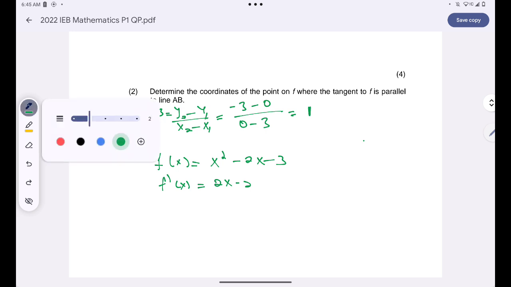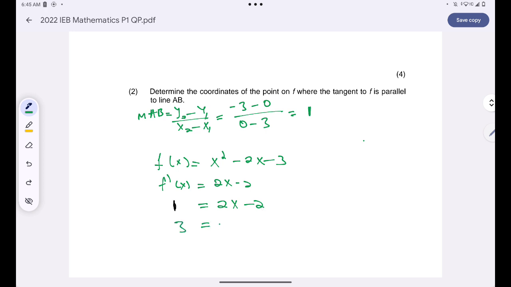So where I see f prime of x, I'll just substitute a 1 because f prime of x represents the gradient of a tangent to the curve. Whenever I bring the 2 to the other side, it will be positive. I'll end up having 3 is equal to 2x. Then x is just equal to 3 over 2.